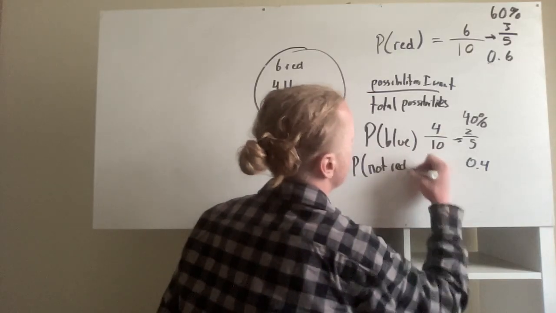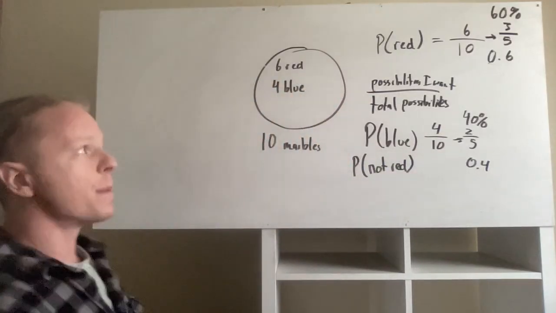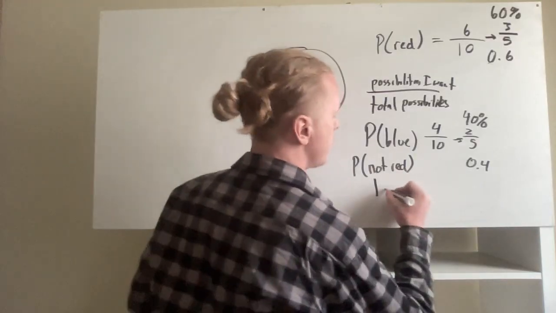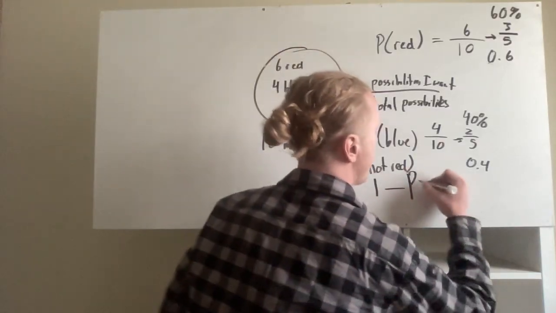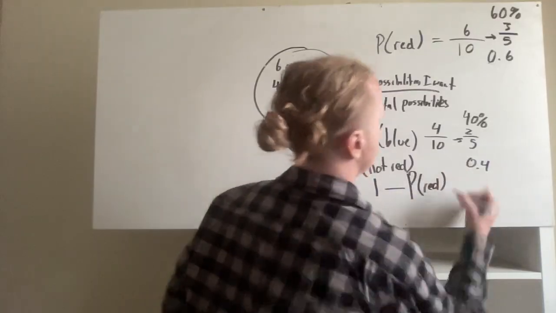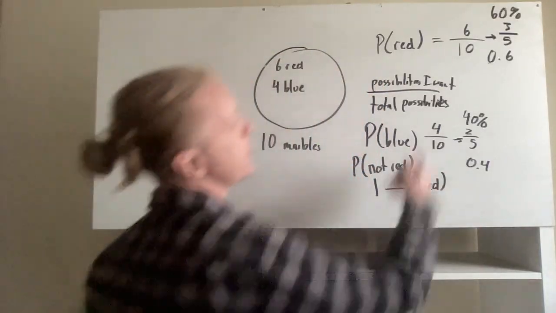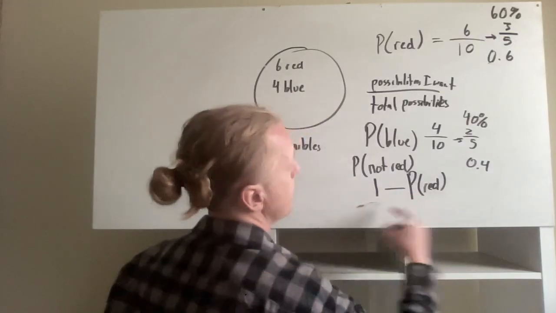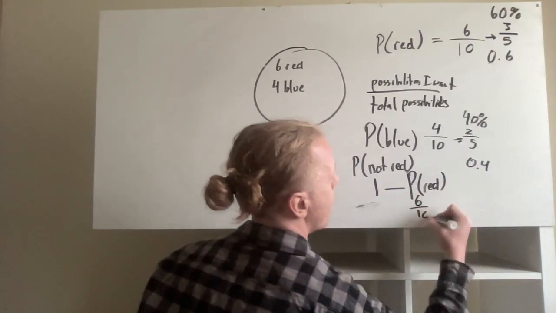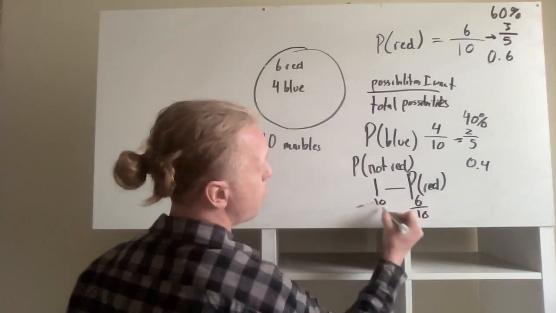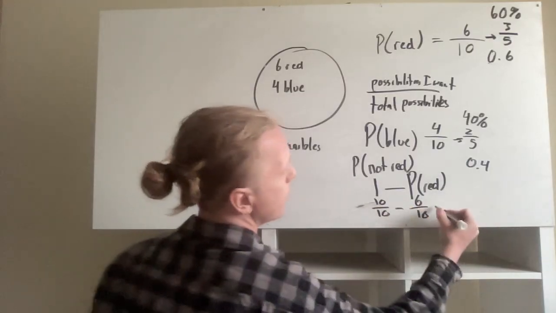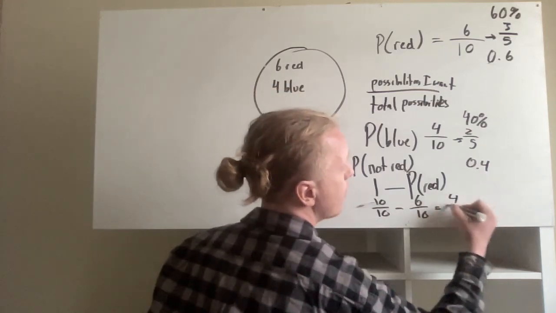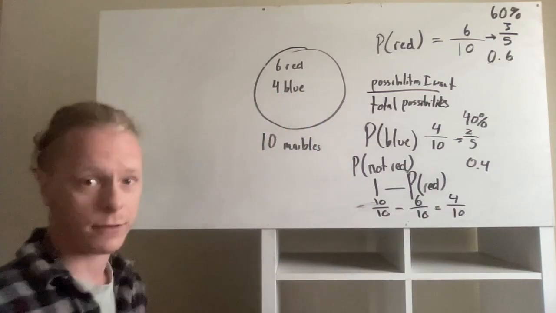And the probability I don't pick red is just 1 minus whatever the probability is that I pick red. So if I know that there's a 6 out of 10 chance, and let's make this one 10 out of 10, well, then the probability that I don't pick red is 4 out of 10.